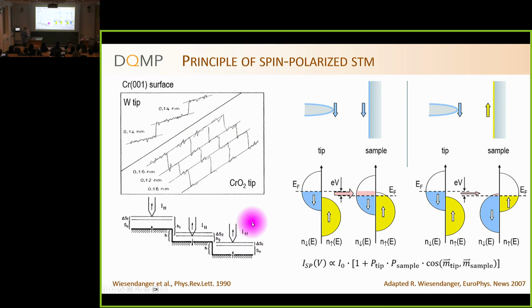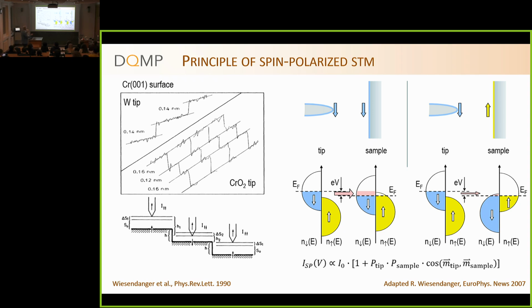Now, if you take a spin sensitive, so a ferromagnetic tip, then if the polarization in the tip is parallel to the polarization in the sample, you get a large tunneling current. If it's anti-parallel, you get a smaller tunneling current. This gives you steps which alternate between large, small, and large. That was the first demonstration of spin sensitivity in an STM.